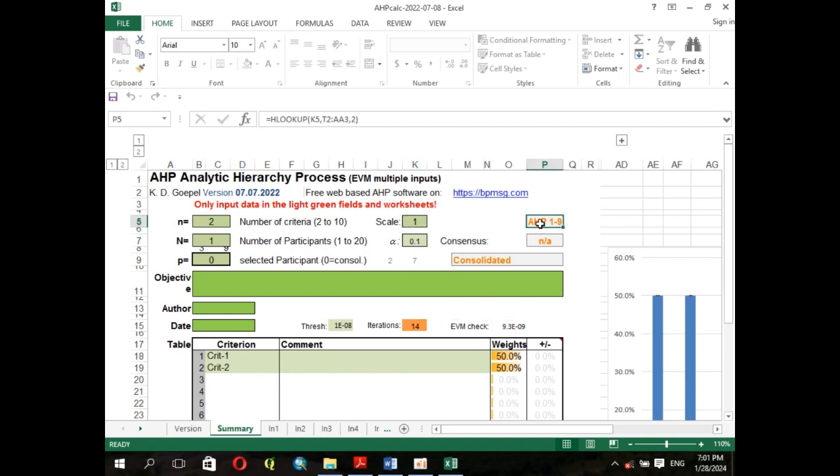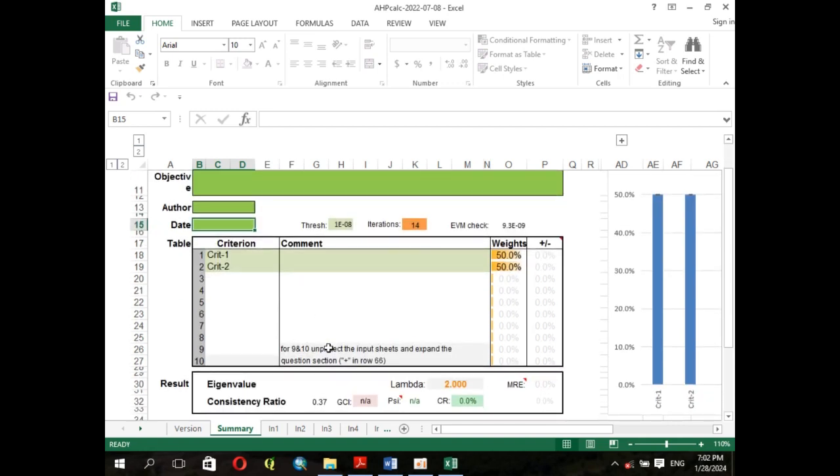And as well, here is also the AHP value, 1 up to 9, yeah. 1 up to 9 values are selected on our criteria. We will see what those values mean. All right, and you can put your objective here, the author, and the date. Yeah, in such a way we can give the criteria.